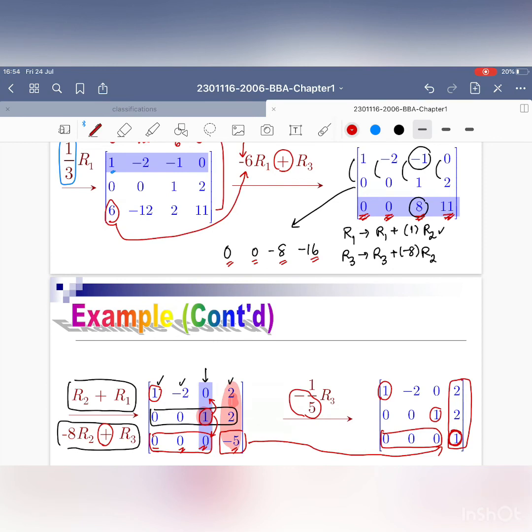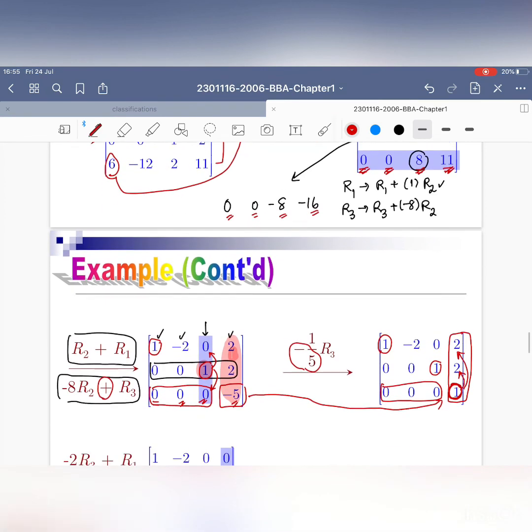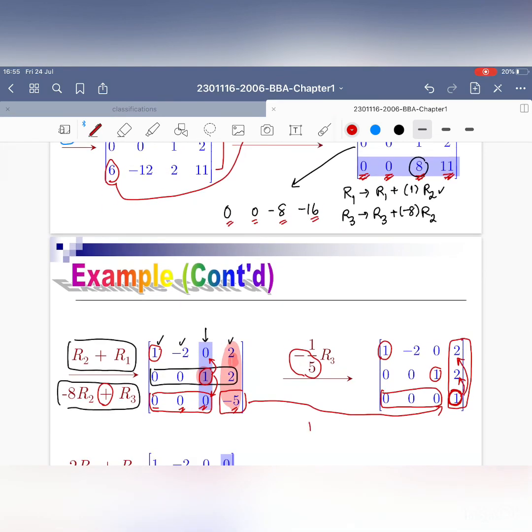So in order to make it a real leading, the rest of that column must be 0 again. So what is it that we are going to do? We are going to change your R1 by using your R1 added by an opposite number here.